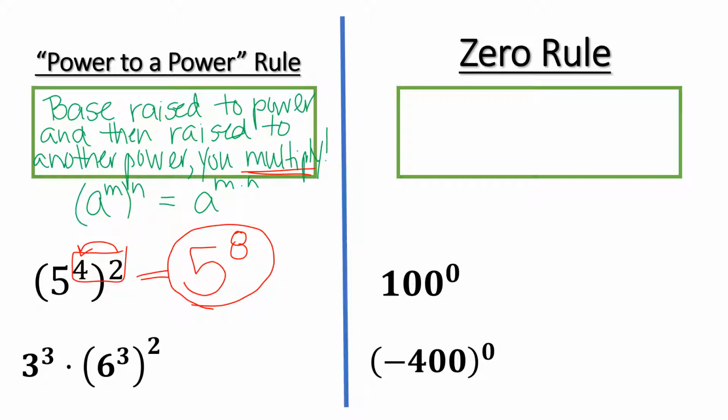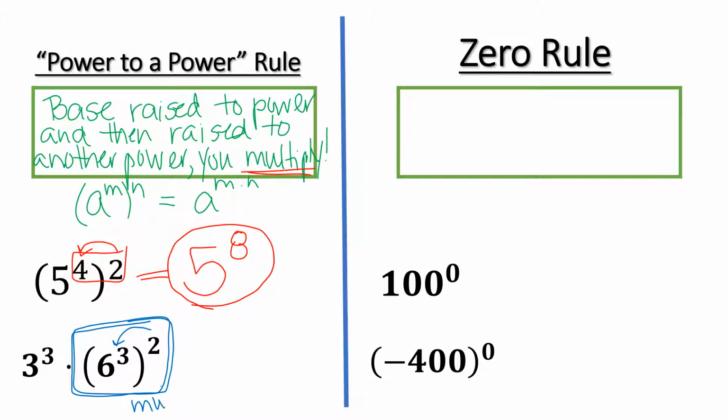Now if we look at the next example, the next example says 3 to the 3rd times 6 to the 3rd raised to the 2nd. And when we look here, I always deal with parentheses first. So I'm looking at this section first. And again, it's almost like we're distributing our power. So we have a power raised to another power, which means we multiply those.